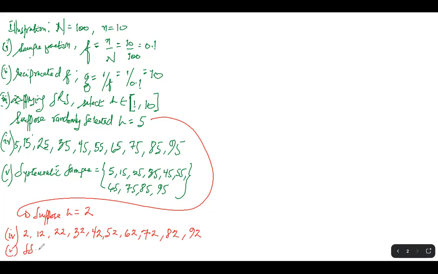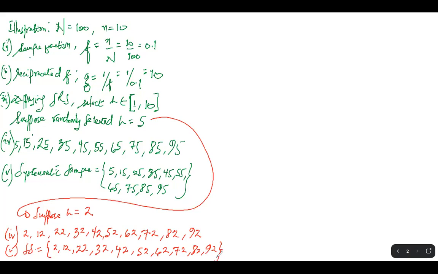Okay. So our systematic sample will now be equal to 2, 12. So it means if I'm selecting the final set of students that I'll be selecting will be the second person, the 12th person, the 22nd person, the 32nd person, the 42nd person, the 52nd person, the 62nd person, the 72nd person, the 82nd person, the 92nd person.